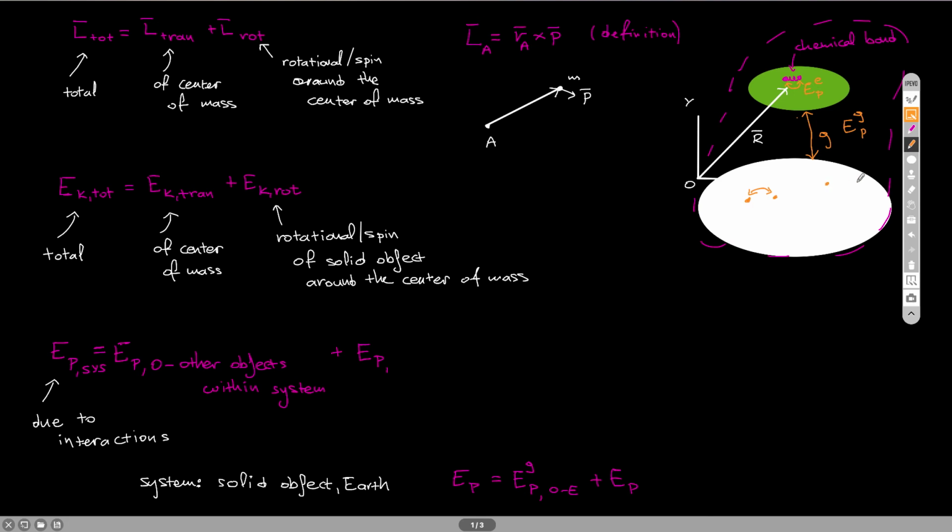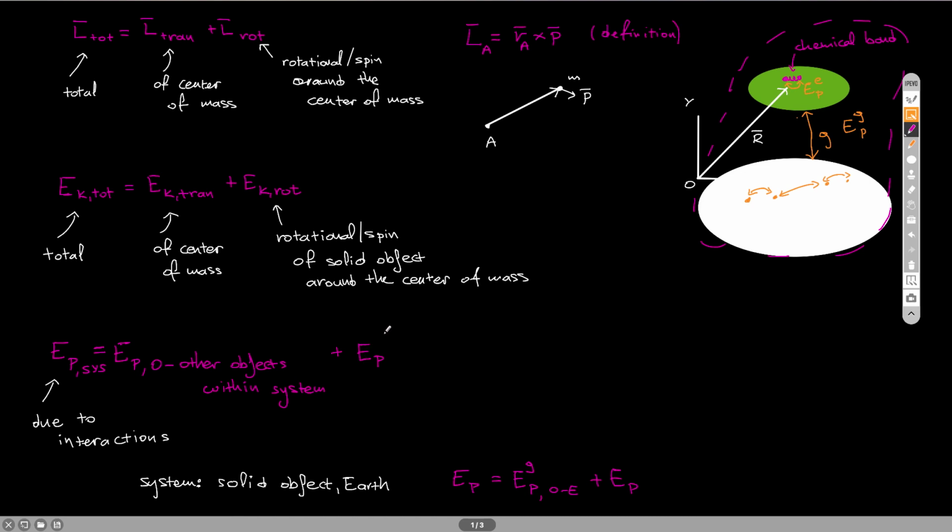You may have interactions between those two particles and between those two particles. If those are conservative interactions, then you have to include them in your potential energy. So this is what the second potential energy term illustrates.